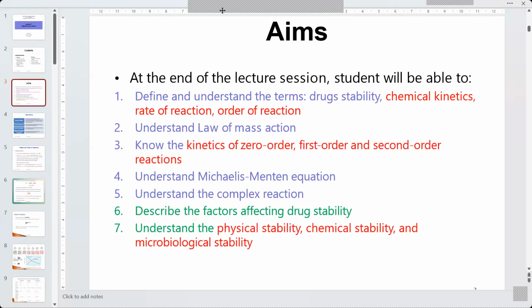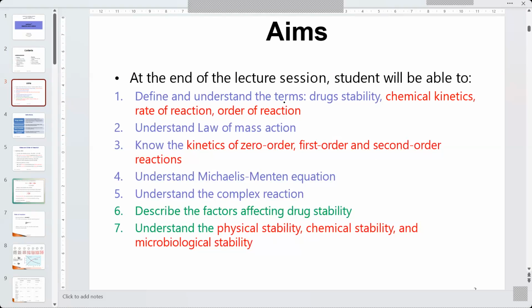So the aims of this lecture are that by the end you should be able to define and understand the terms drug stability, chemical kinetics, rate of reaction, order of reaction.